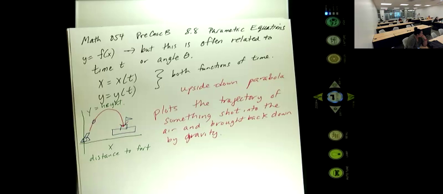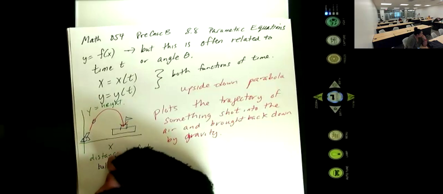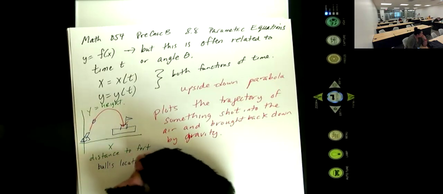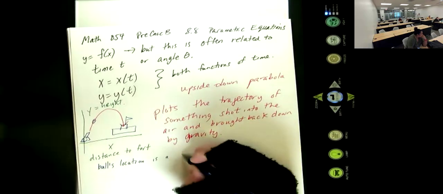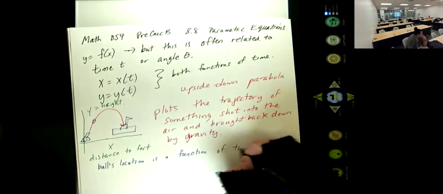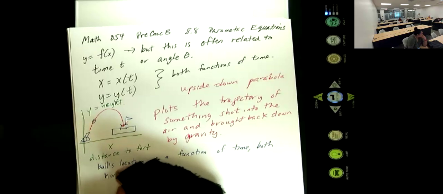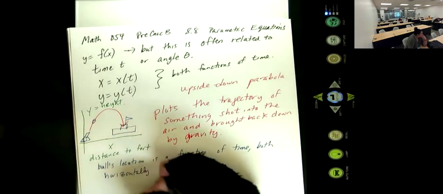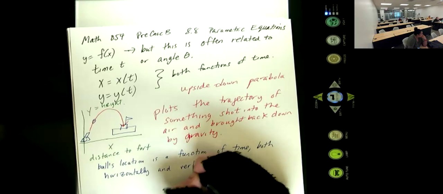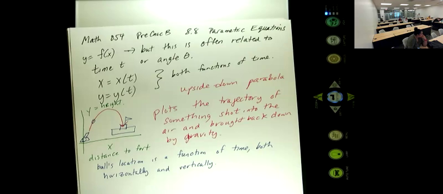So the ball's location is a function of time, both horizontally and vertically. And oftentimes, this is the information we start with.